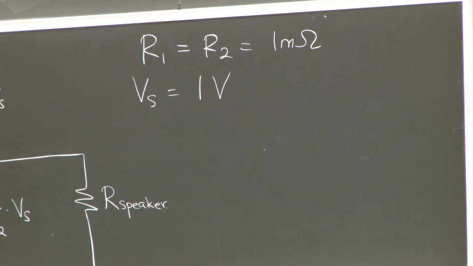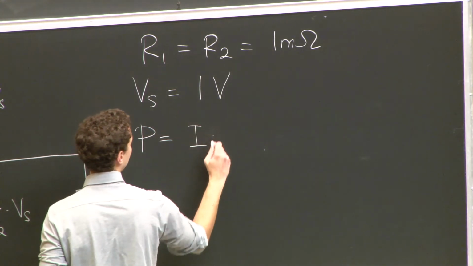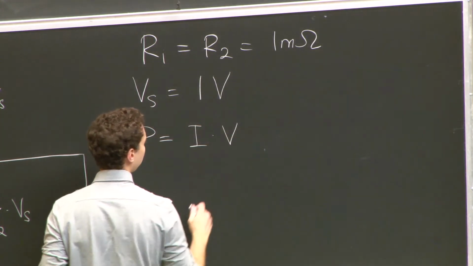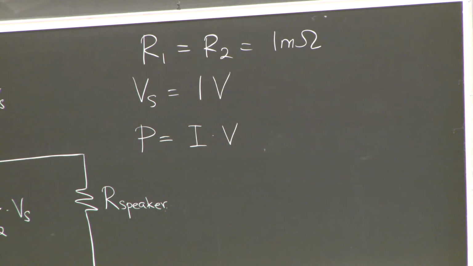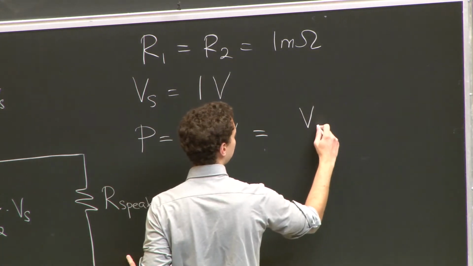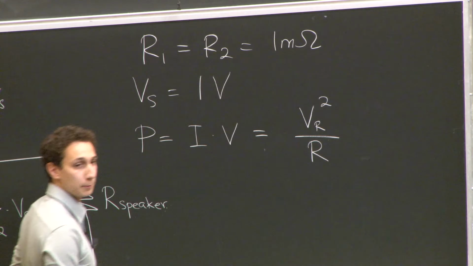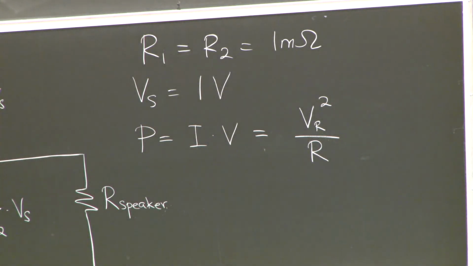So what's power? It's the current times the voltage in the resistor, right? Which is equivalent to, for a resistor, the voltage across the resistor squared divided by the resistance. You can get this from Ohm's law, V equals IR. I just do a little substitution.